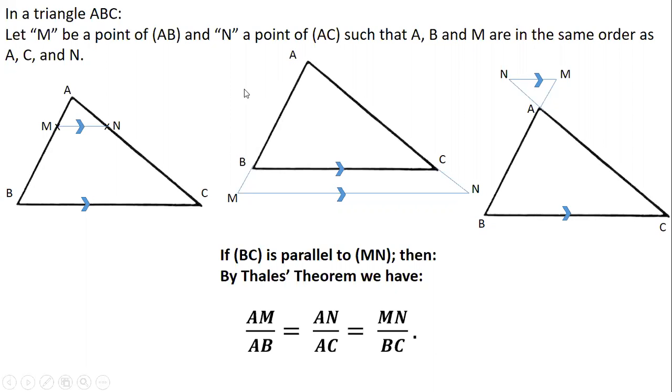AB over AM equals AC over AN equals BC over MN. Bravo. Right. Okay, Jad. We always start the first two ratios from the same vertex, but the last ratio is equal to the parallel lines above each other. Okay, did you get this? Thank you, Jad.